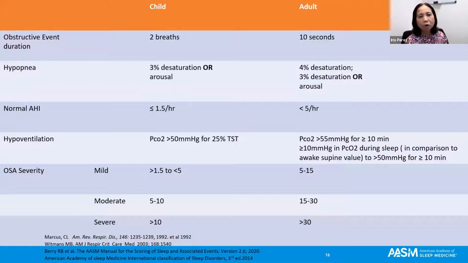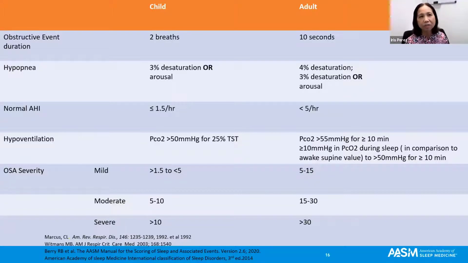In children, a normal AHI is less than 1.5 per hour. The hypoventilation is defined as the presence of carbon dioxide tension or its surrogate of more than 50 millimeters mercury for 25% of sleep time.